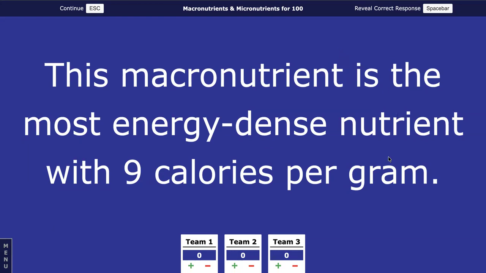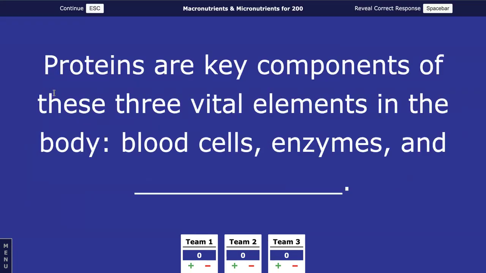Not 9, it's less than lipids, but more than proteins and carbohydrates. It is 7. A lot of Americans consume much of their diet in alcohol, which is why it's so energy dense.